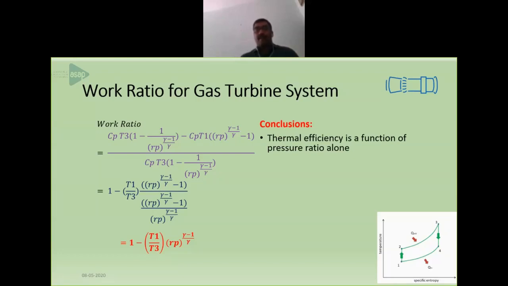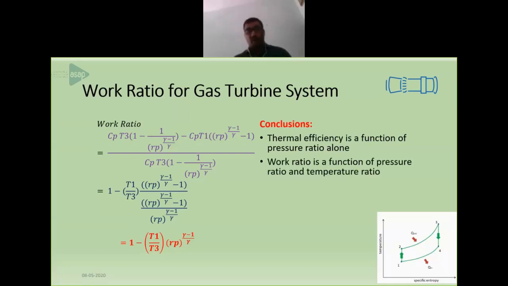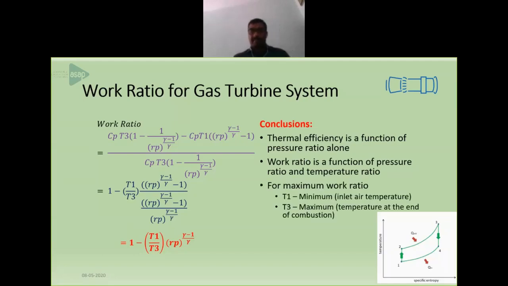Already we have derived two terms related to the performance of gas turbines. First one was the thermal efficiency. The thermal efficiency is a function of pressure ratio alone. But the work ratio is a function of pressure ratio and temperature ratio.